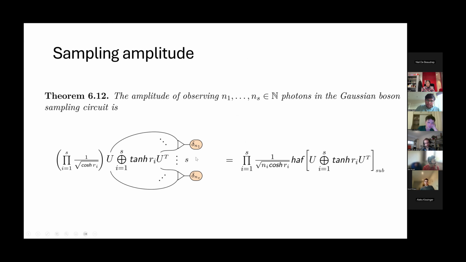Technically, based on what the measurement outcome is, this matrix changes into something called a submatrix. But that's not very difficult to modify here, and we show that in the paper. So with this we can apply just diagrammatic manipulations to show that Gaussian boson sampling samples from a Hafnian, which is Sharp-P hard.